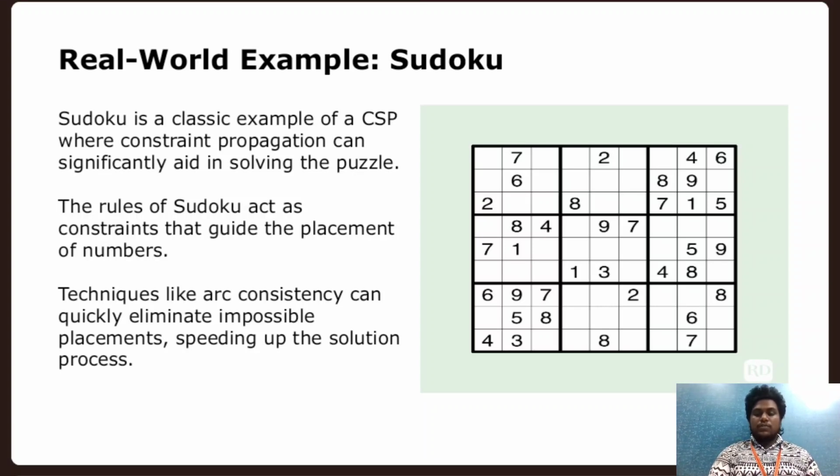The rules of Sudoku act as constraints that guide the placement of numbers. You can see the placements of numbers in the different places. Techniques like arc consistency can quickly eliminate impossible placements, speeding up the solution process.